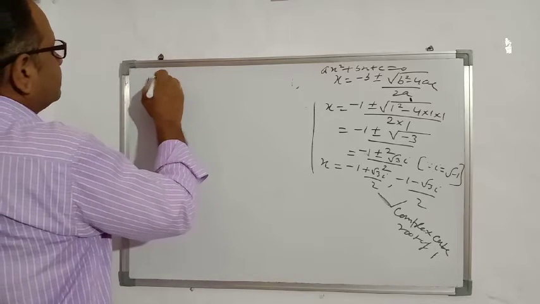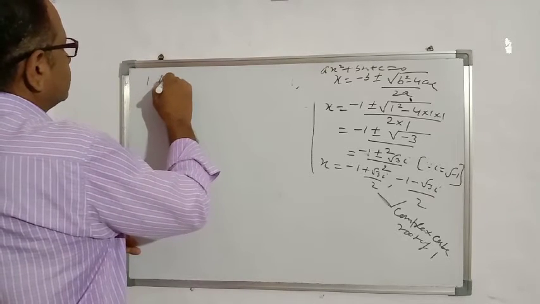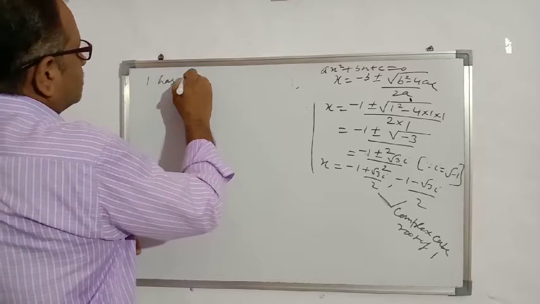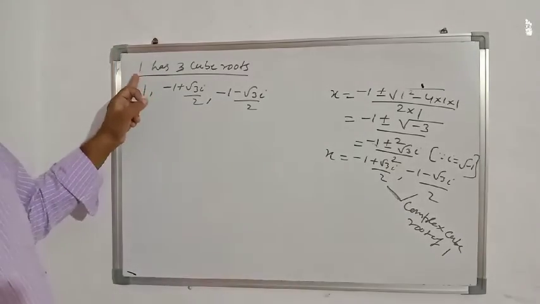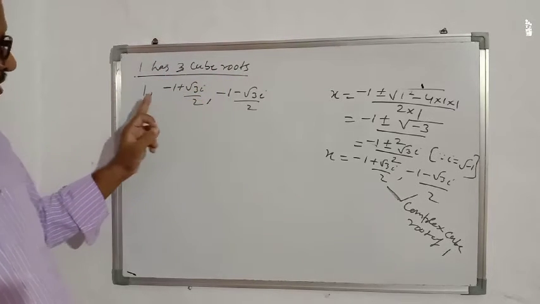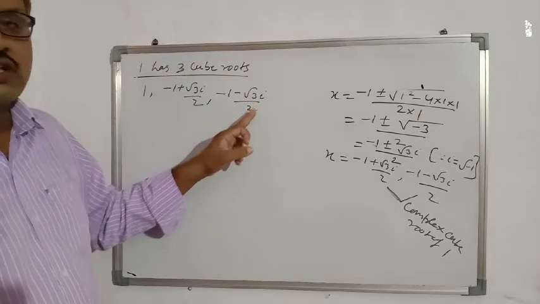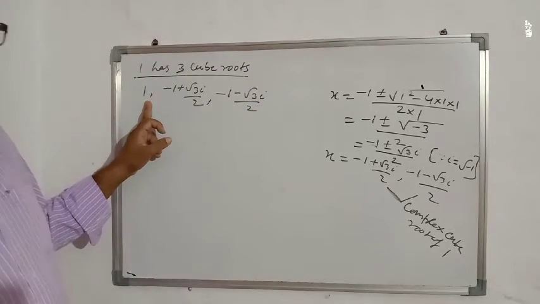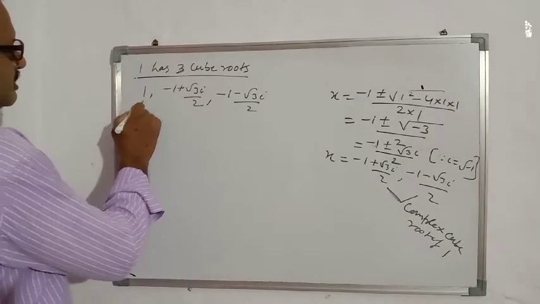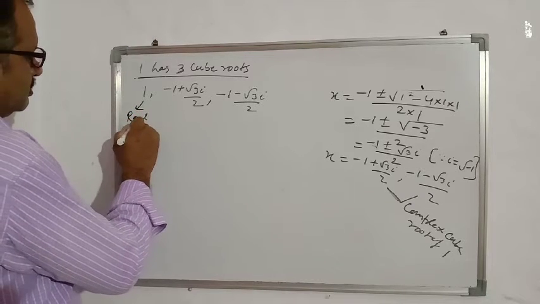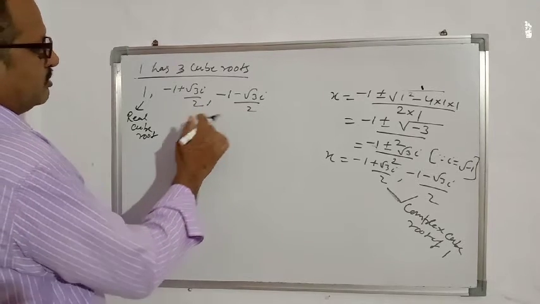So 1 has 3 cube roots: 1, minus 1 plus root 3i by 2, and minus 1 minus root 3i by 2. This is the real cube root and these two are complex cube roots.